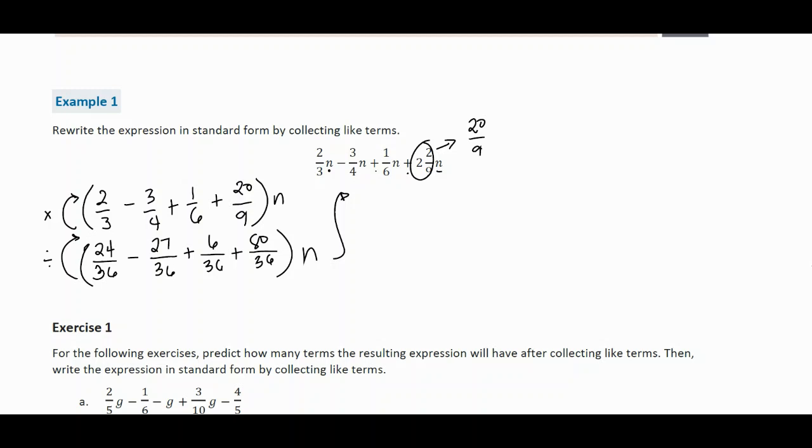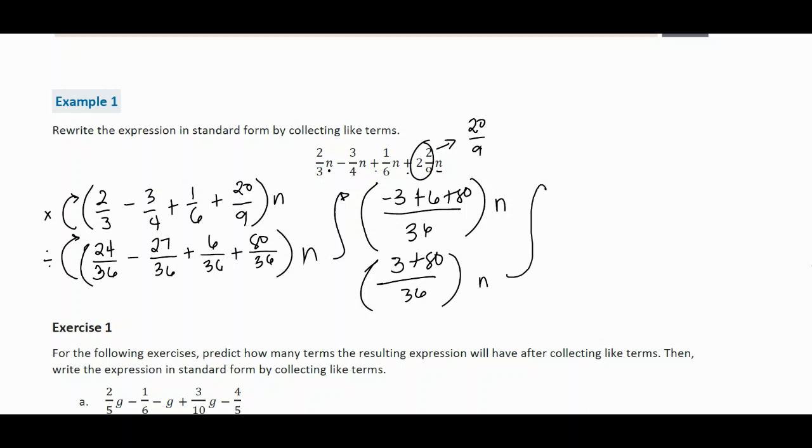Next, we can now simplify the given numerators. So we're going to have 24 minus 27, rules of integers, it's going to be -3, plus 6 plus 80, all over 36. -3 plus 6 is 3, plus 80 is 83/36.